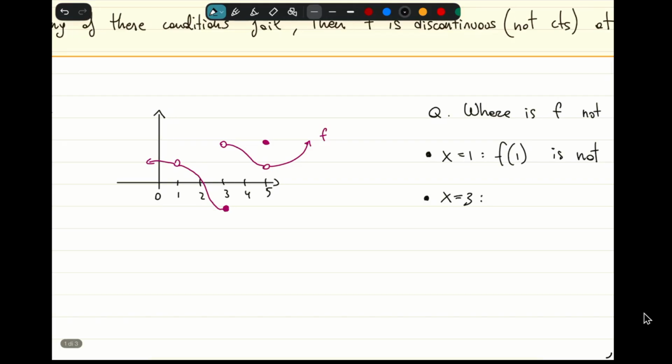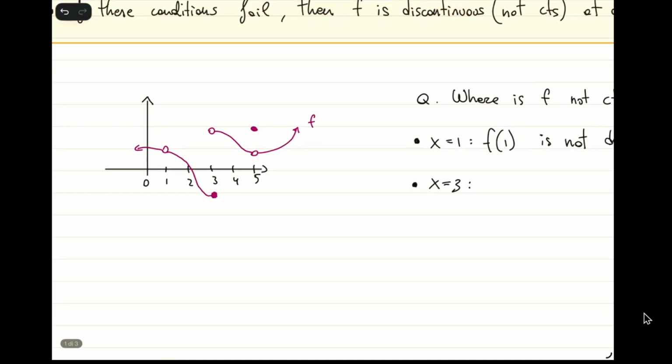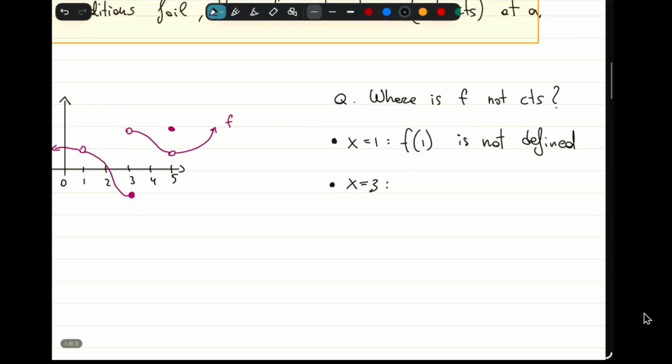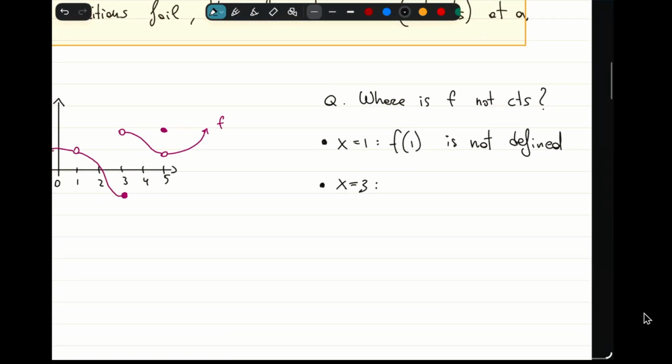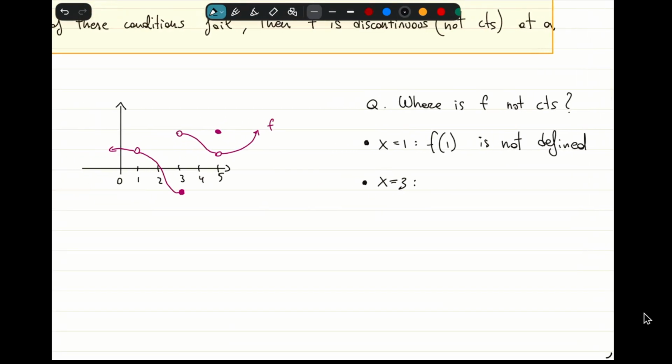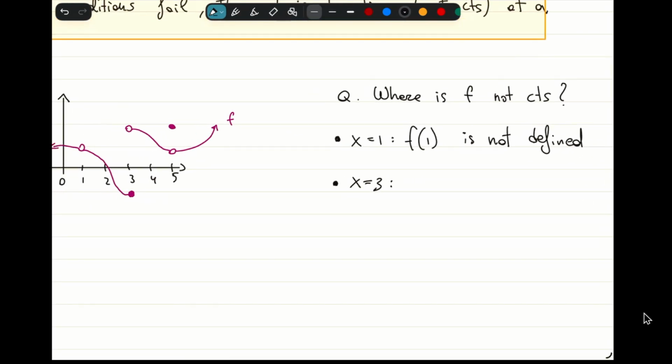Is f of 3 defined here? Yes, the answer is yes, because here we have a black point, so even if the output is negative, we're going to take this. We're not going to take this white point. So f of 3 is defined. We're not going to write it for this exercise, but maybe if you're just analyzing for continuity, you might want to check out that option, so you don't leave anything behind.